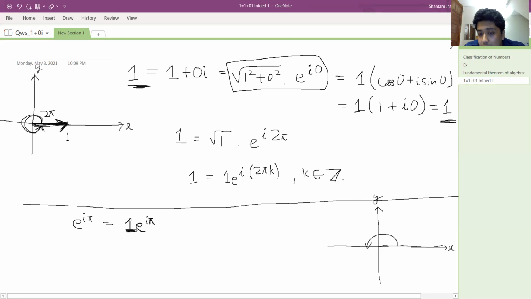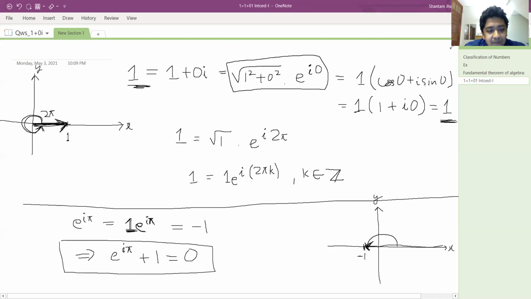So I am 1 unit in this direction, and this number is known as -1. So e to the i pi is equal to -1. And this implies e to the i pi plus 1 equals 0.